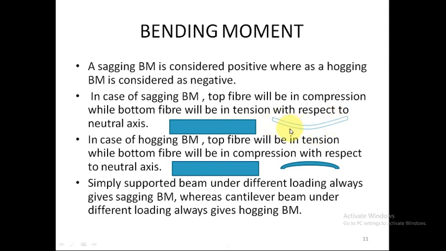In case of hogging bending moment, the top fibers will be in tension and the bottom fibers in compression. Sagging bending moment behavior occurs in simply supported beams, and hogging bending moment will appear in cantilever beams.